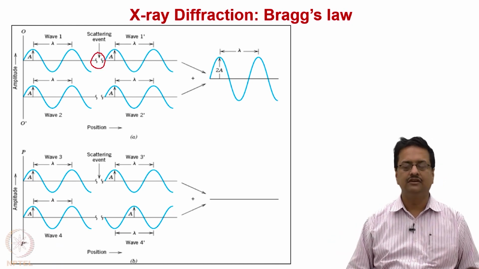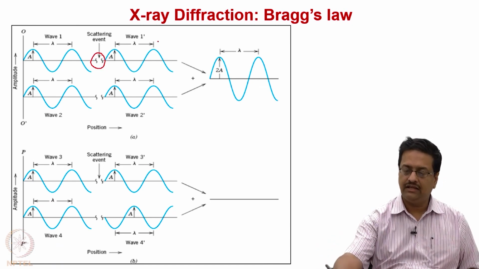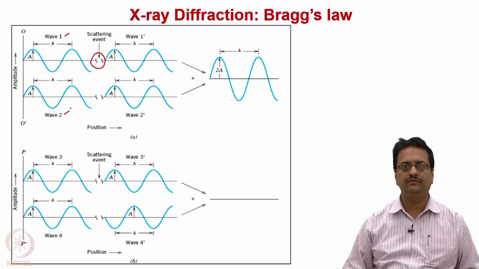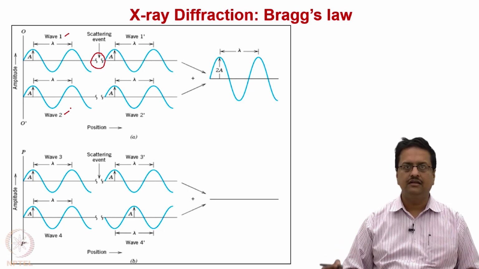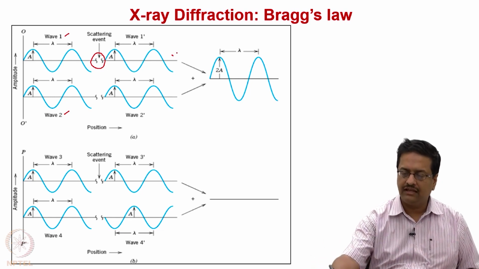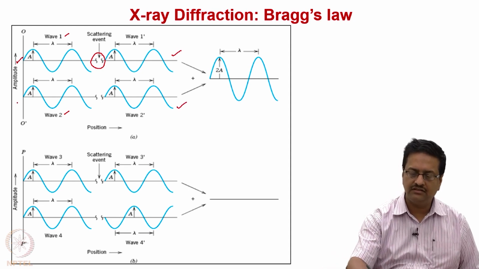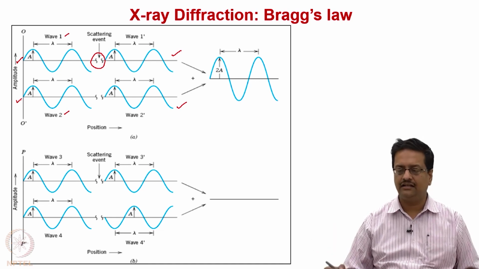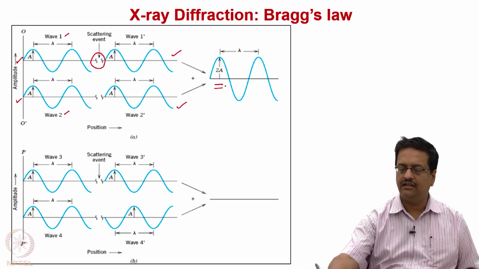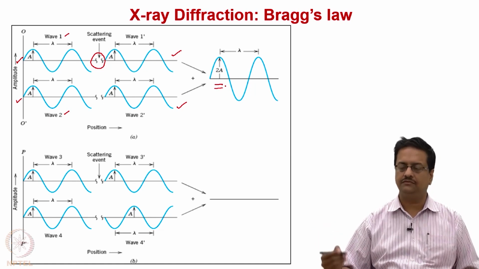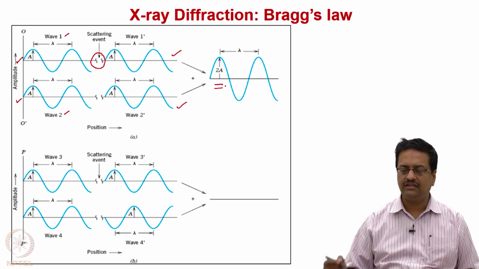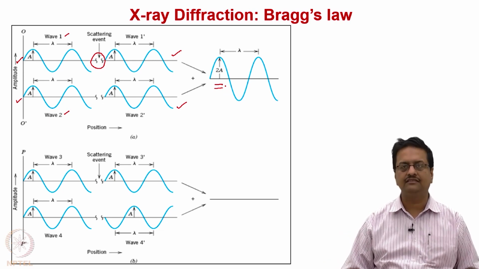The waves falling on the scattering substance, wave 1 and wave 2, can be diffracted having the same phase as that of the incident radiation. When such scattering happens, the scattered radiation is enhanced in intensity. That means the amplitude of the scattered radiation is twice the amplitude of the incident radiation, and what we see is a diffraction that takes place.